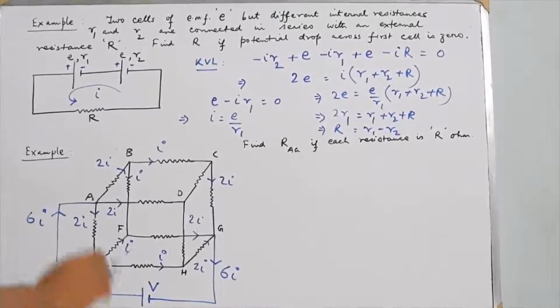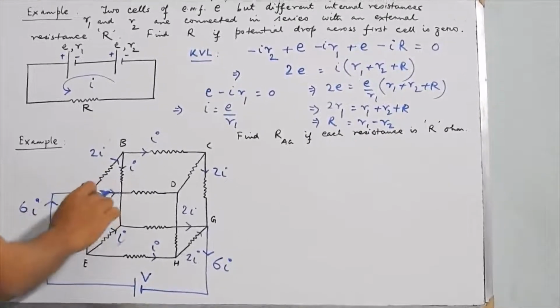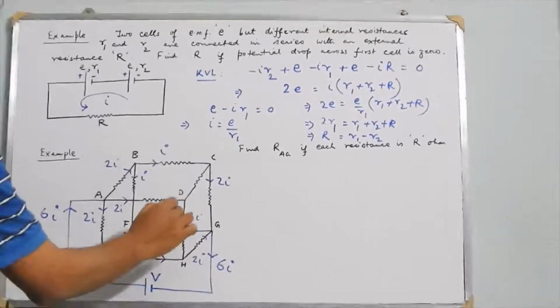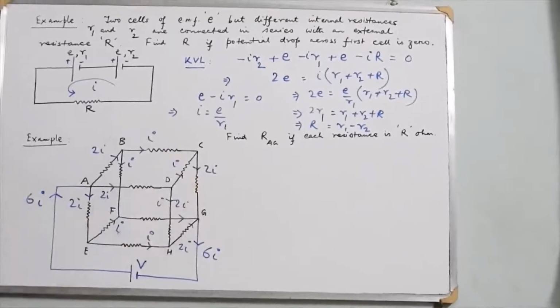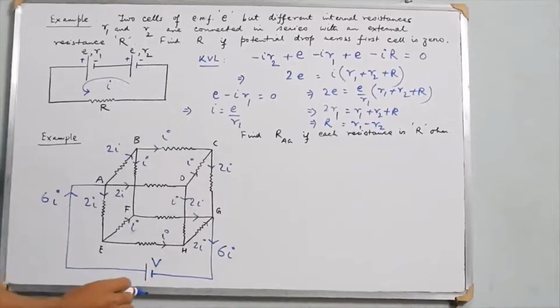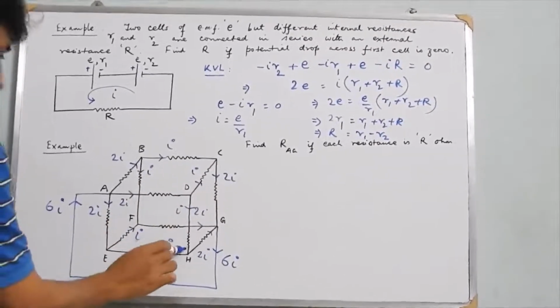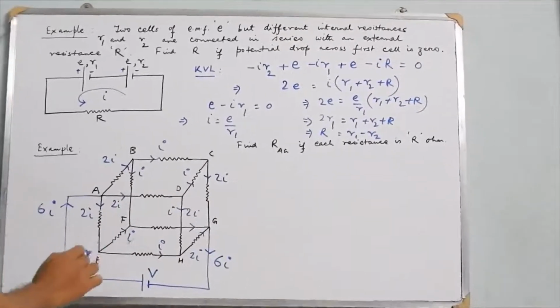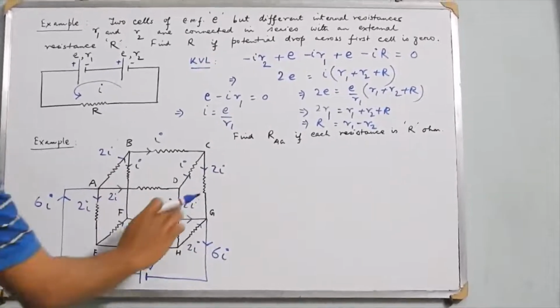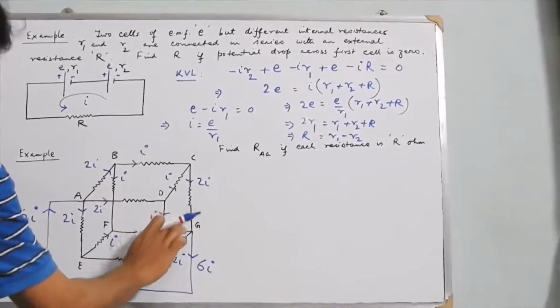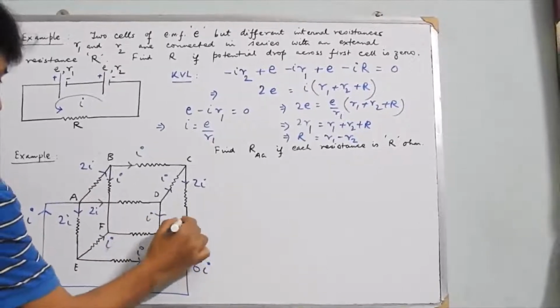So that means current 2I that enters here will also again branch into I and I respectively. So I plus I is 2I, here I plus I is 2I, and in this direction I plus I is 2I flowing. So from the symmetry it is what we get. This 2I is this one.